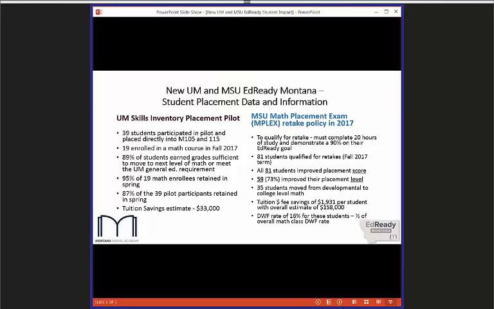Good plan. Ryan, one quick question for you on the UM side. If you have a student who's going to be going to UM next year, do they sign up? Like, I think that they get it in their acceptance letter or something, the opportunity to sign up for the summer practice. Is that the best way to get students enrolled in that? Yeah, if they're going into a 105 and 115, they're going to be, I was just looking at some of the draft, and we're meeting next week with the Office for Student Success and the EdReady coordinator, and I believe somebody in the registrar's office as well.